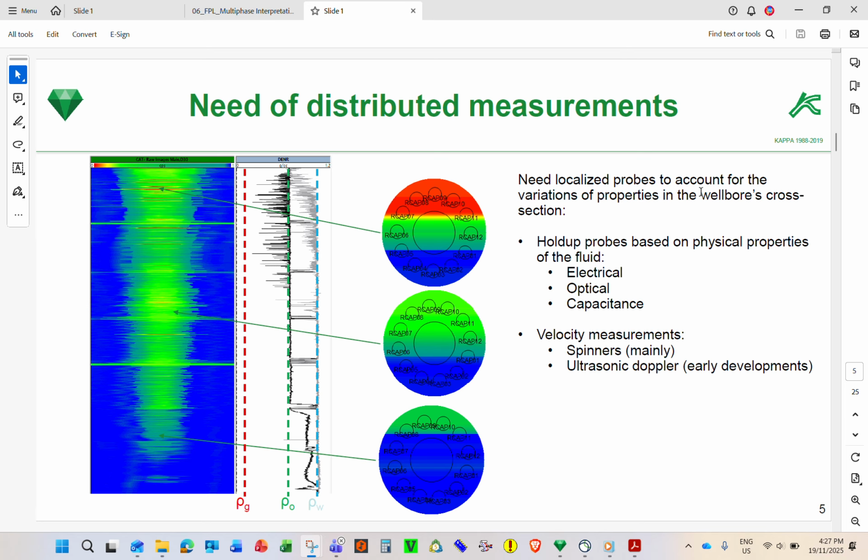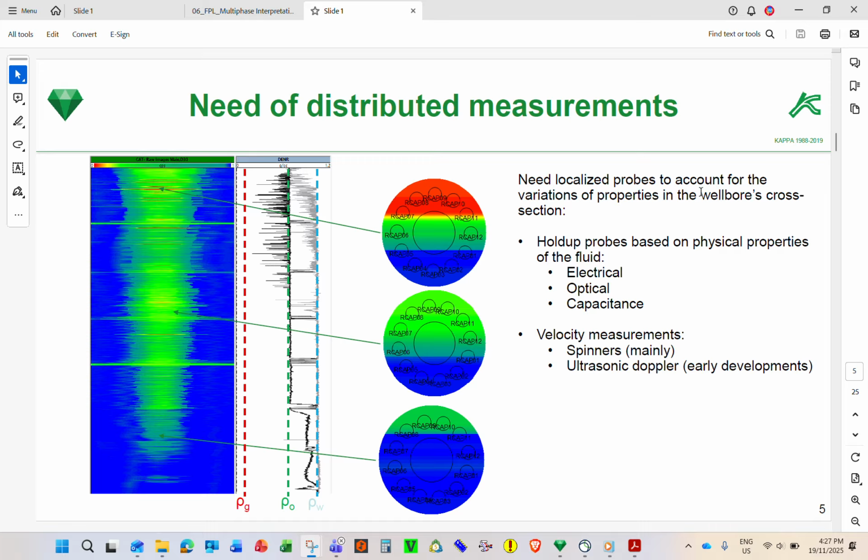So that's why we go to multi-probe tools. This one is distributed measurement, or multi-probe. We have electric, optical, and capacitance. We know that one already.